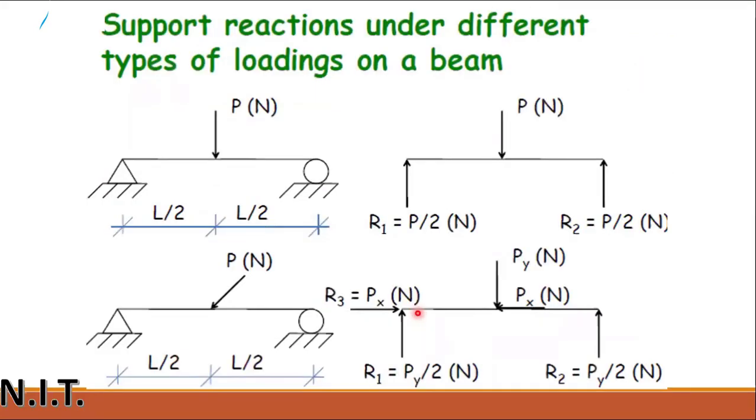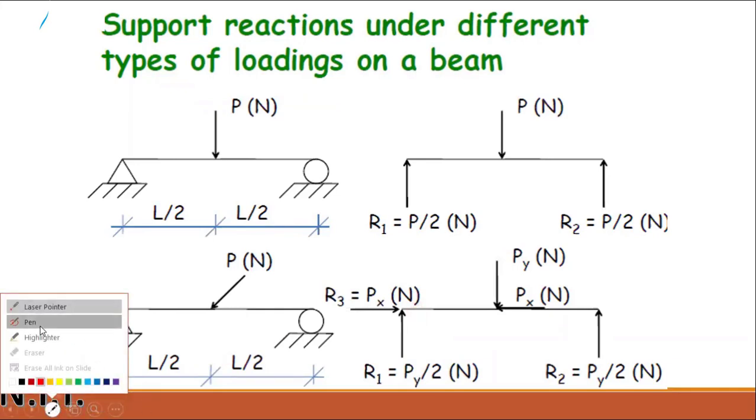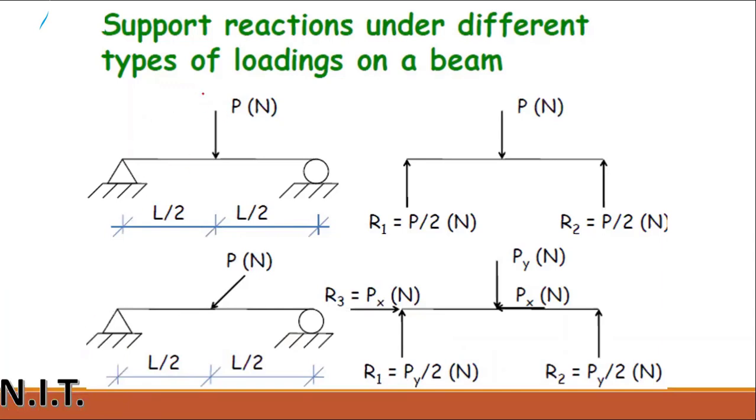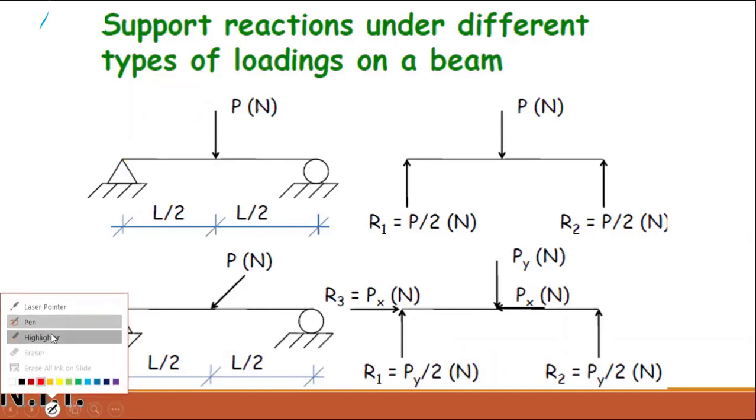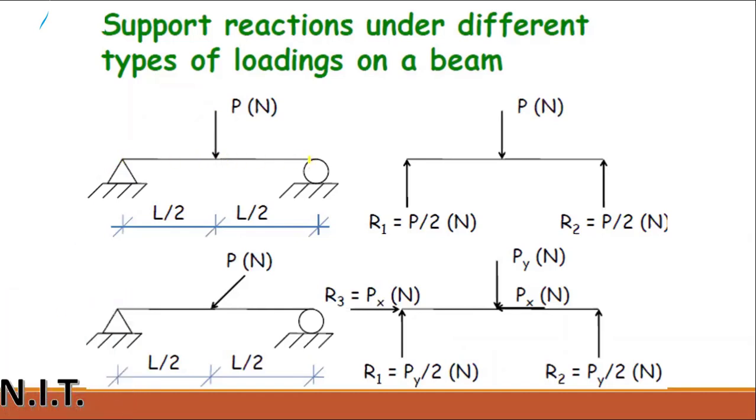Now, support reactions under different types of loadings. If we have applied P on a simply supported beam, you can see this is a simply supported beam and you have applied P on it.